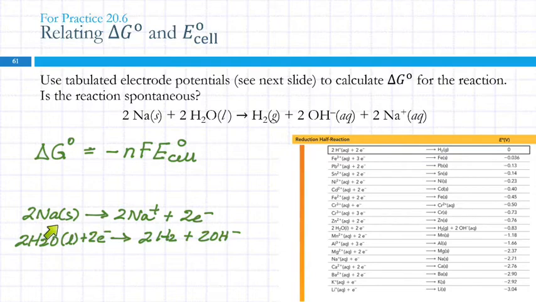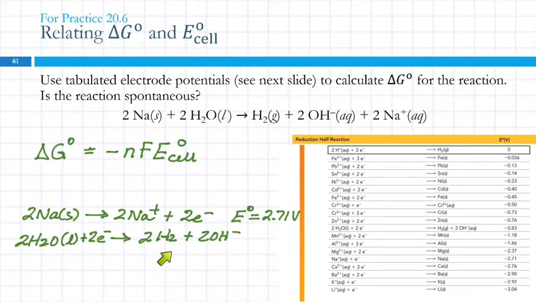I'm going to look for the reaction for sodium, and there it is. So the reduction half reaction, Na+ plus an electron, has a potential of negative 2.71 volts. But this is the oxidation. And so the method that makes sense to me is when I write it as the opposite kind of reaction, I change the sign. So this is 2.71 volts for that half reaction.